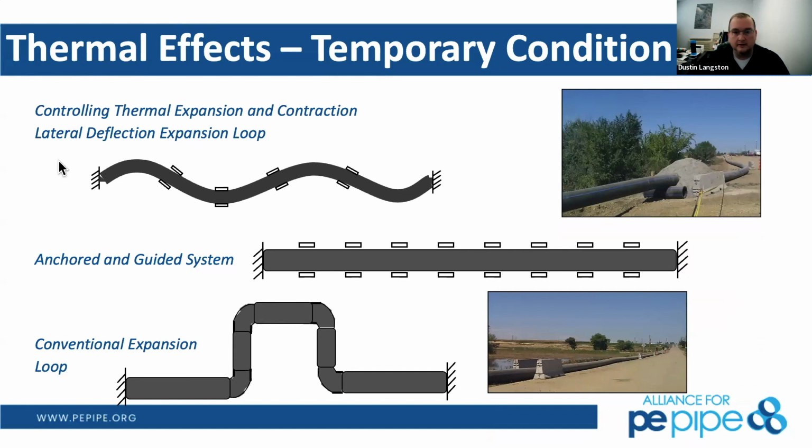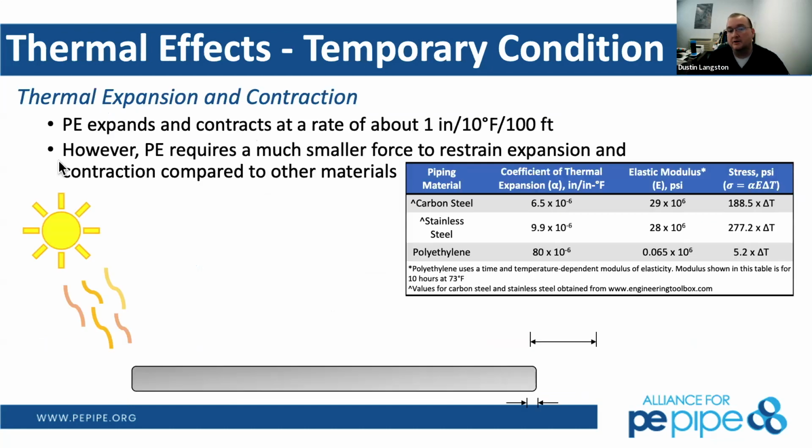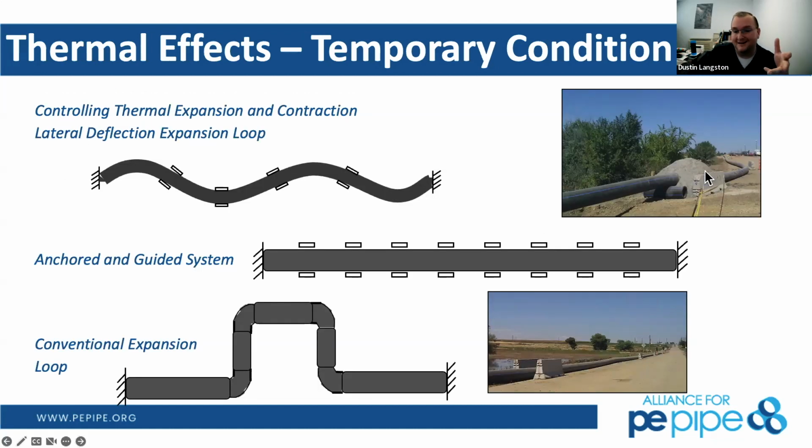They install it in the winter, come back in the summertime, and it's walked out, possibly into a roadway or some kind of crossing. So it's best if you're doing an above ground application that's just out in the sticks, weave it in and out through trees, for example, or rocks, and use those as lateral deflection limiters. You can also fully restrain and anchor the pipe if you want, but expansion loops are rarely ever needed.